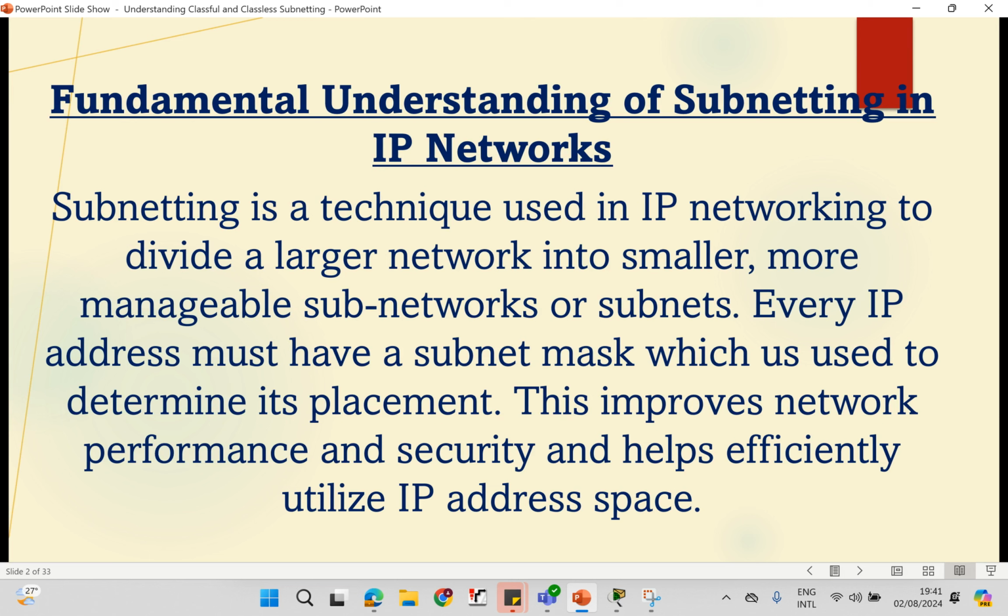We've already understood what a network is. We said it is the connection of two or more computers or devices for the purpose of sharing resources. We also spoke about the need for an IP address to be allocated to devices on the network in order to be able to communicate.